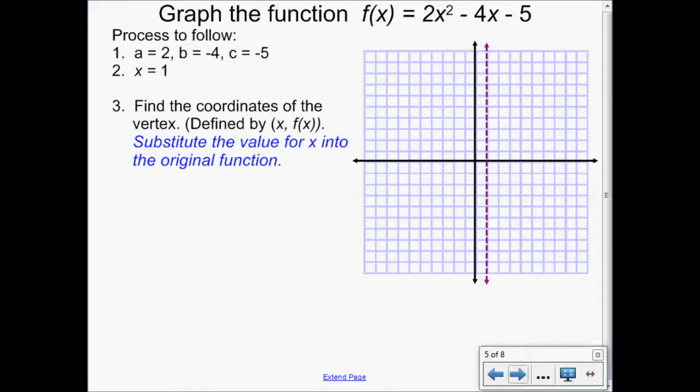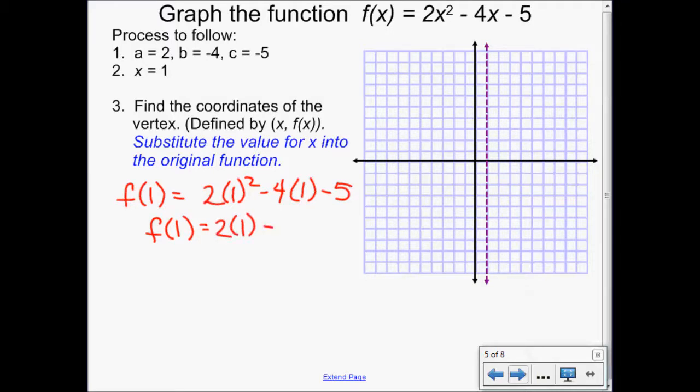The next step I want to do is find the coordinates of the vertex. And to do that, I'm going to substitute the value I calculated for step 2 into my original function. So I'm going to find the value of my function when x equals 1. I'm going to follow my order of operations.